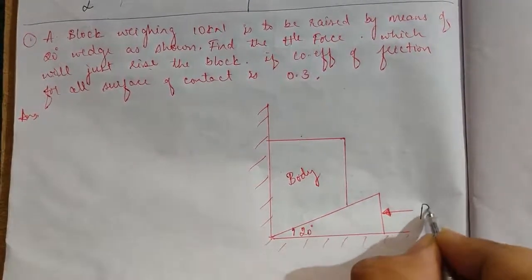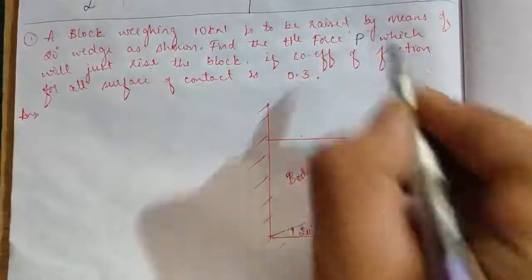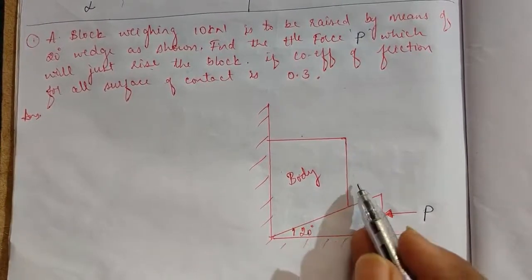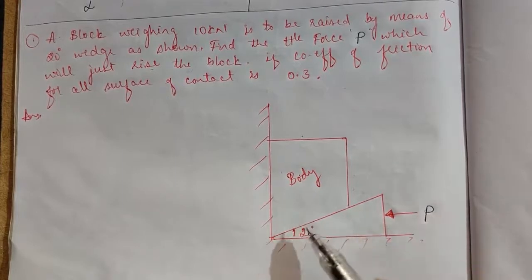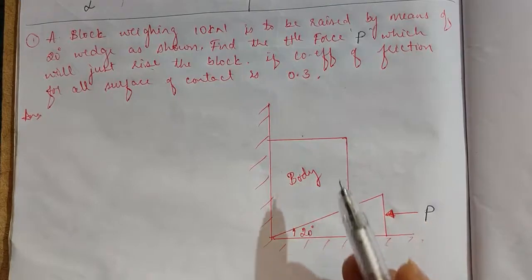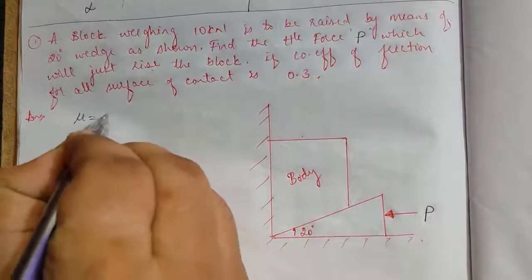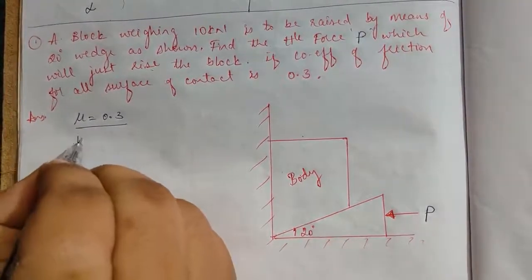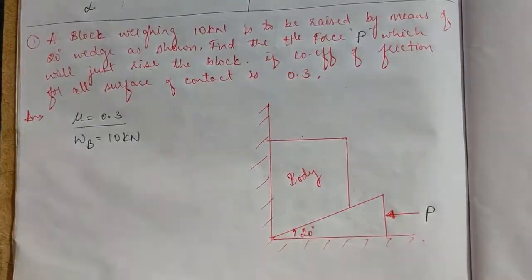Find the horizontal force P which will just raise the block, so that if you want it to rise, it should insert inside the wall. If the coefficient of friction for all the surfaces of contact is 0.3. So what is given? Coefficient of friction is 0.3 for all the surfaces, and the weight of the block is 10 kilonewton.